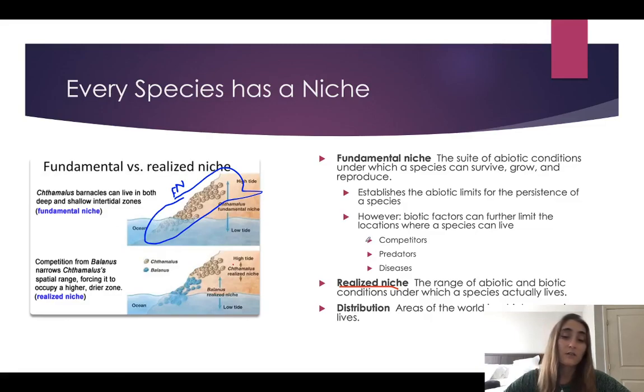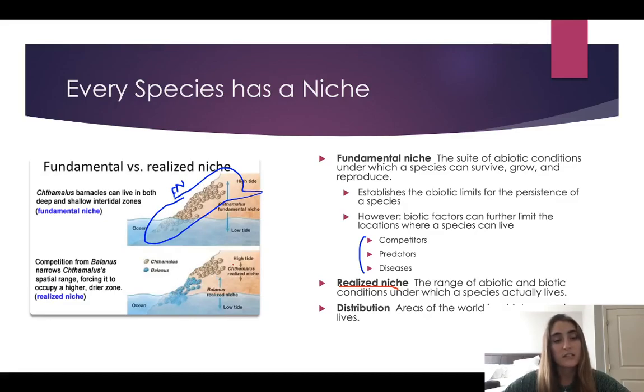Now let's say we introduce predators, competitors, and diseases, and all of a sudden we have what we call a realized niche. A realized niche is where the species will actually survive once those biotic factors are considered. In this case, we introduce another barnacle species, which has the same fundamental niche as the other barnacles but tends to prefer wetter conditions.